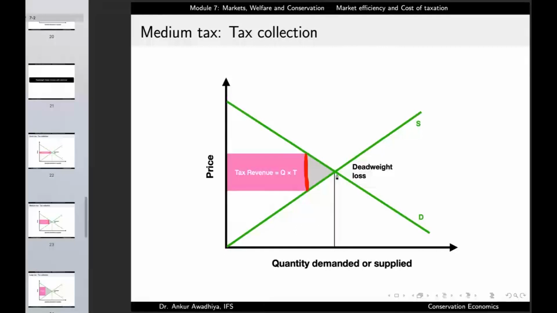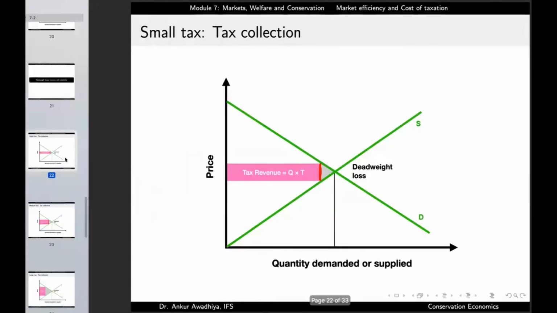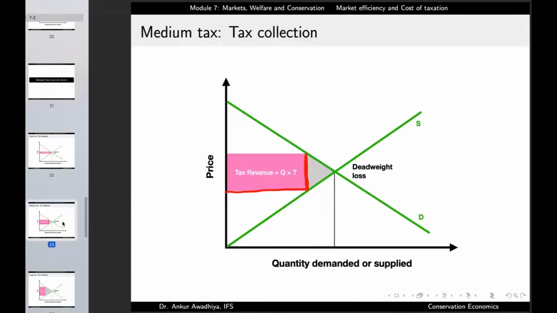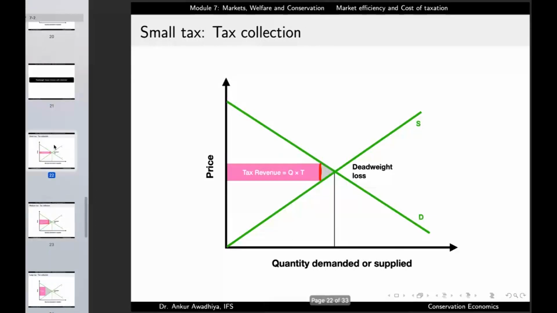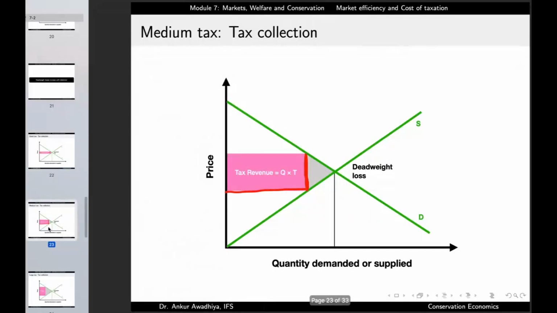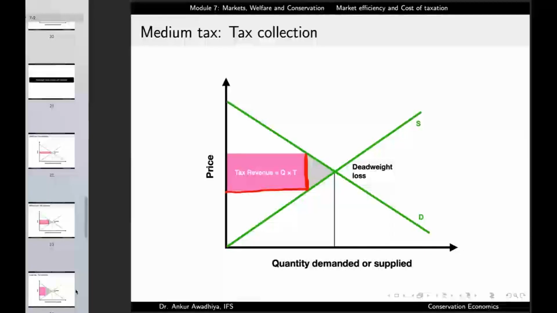So less quantity of goods will be sold in the market, which is what we are observing here. When T has increased, the Q, which is given by this much length, decreases. So earlier we had a larger Q, but now we have a much smaller Q. So Q reduces. But the total tax revenue has increased because this pink colored rectangle has a smaller area as compared to this rectangle. So when T is increased, Q reduces, but Q into T still increases.